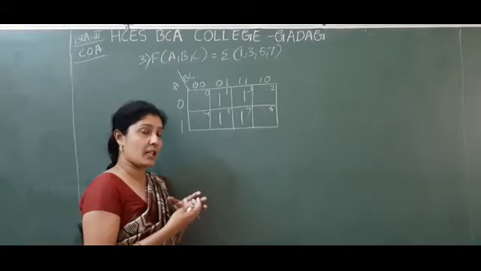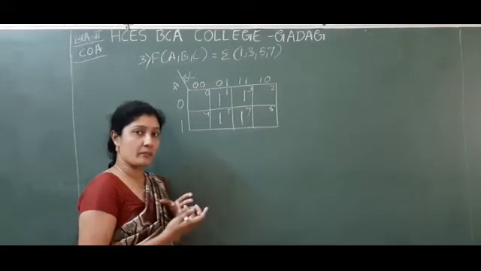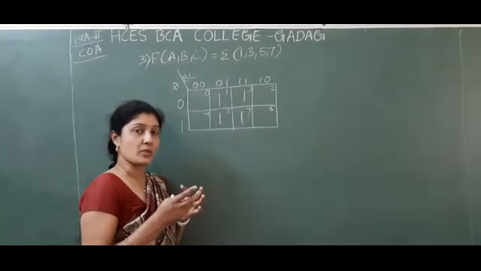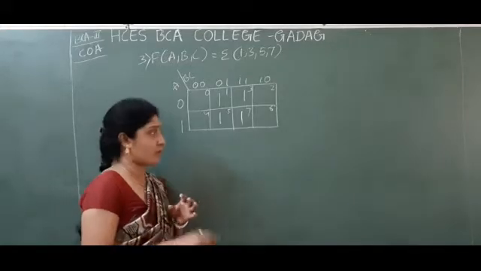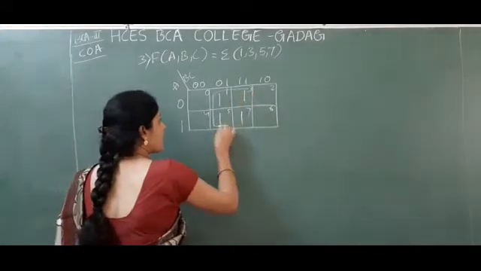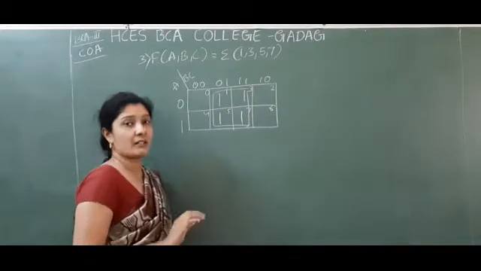Then should we pair them or should we make a quad? Okay, so when we have 2 options, it is better to make a quad. Okay, so that it makes only one group.